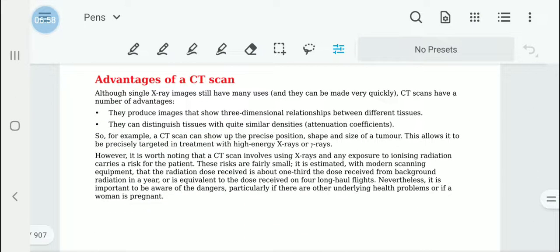It can precisely give the position, shape, size of a tissue, while giving a 3D relationship between tissues.